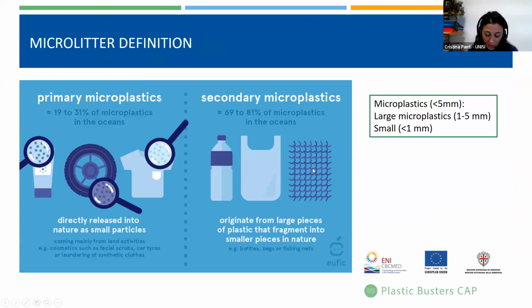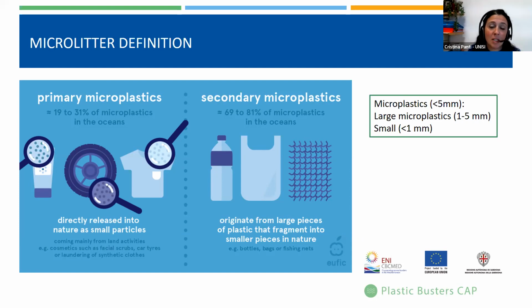Just to remind you, as Tommy already talked about definitions, microlitter is primarily composed of microplastics, and microplastics are plastic particles that have the longest dimension under 5 millimeters. They are also divided into large microplastics from 1 to 5 millimeters and small microplastics with a dimension smaller than 1 millimeter.